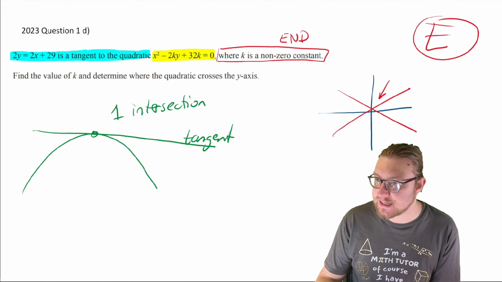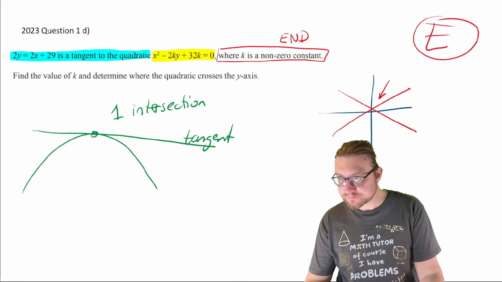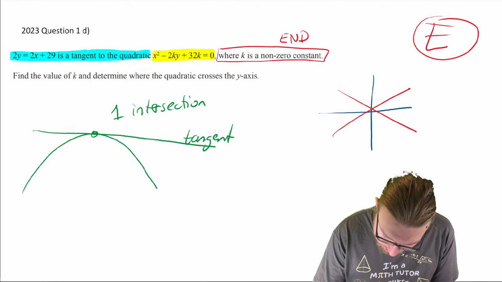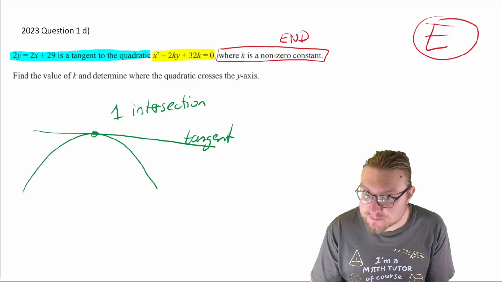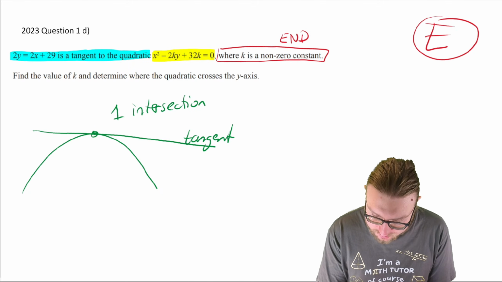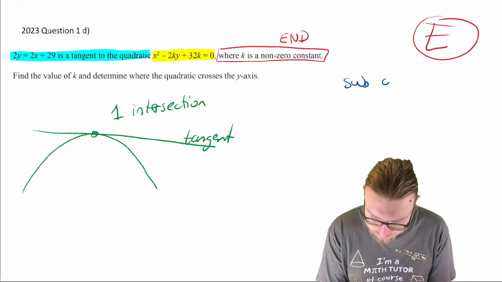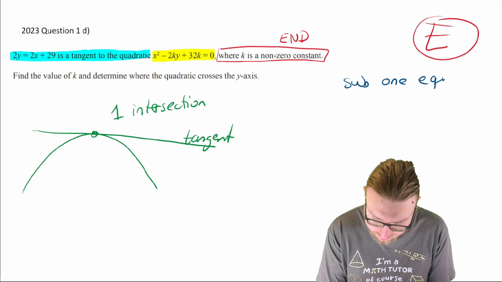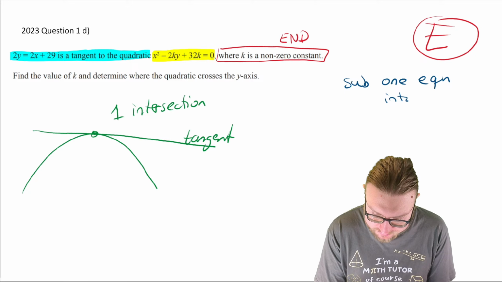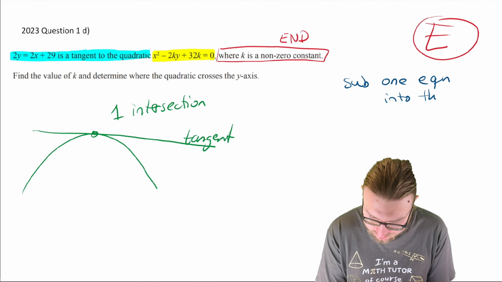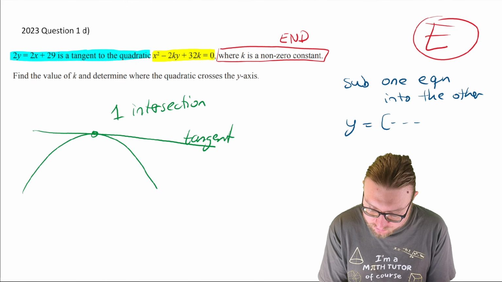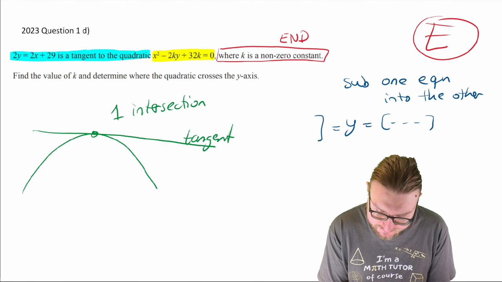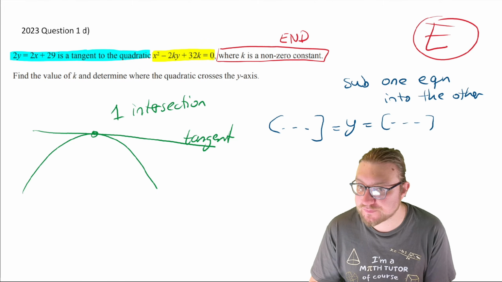How do we find this intersection point? If you use simultaneous equations, that means we are substituting one equation into the other. Or we can make them both in terms of y and then set them equal to each other. We can do both.